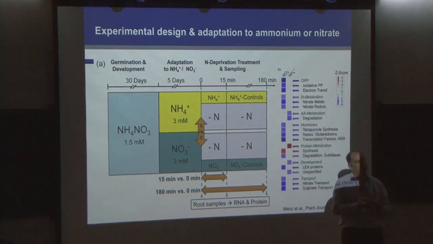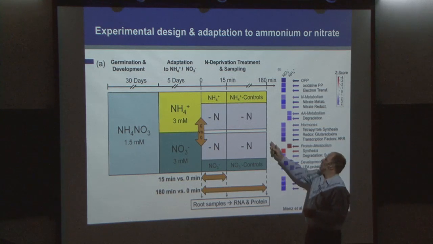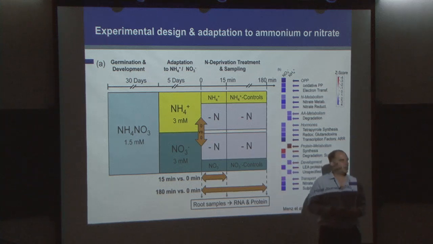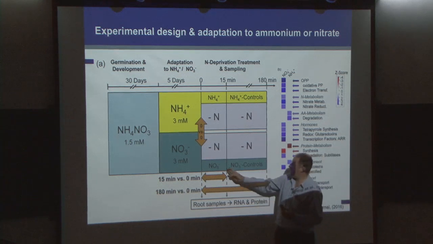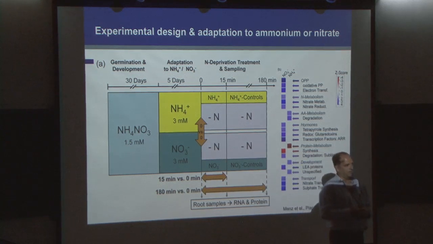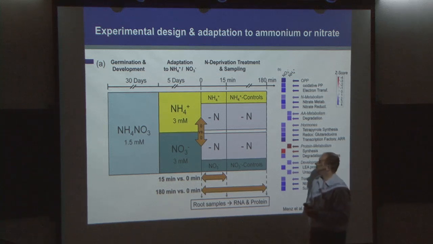There we can measure that it went a little bit down compared to the initial situation. At least at these 3 hours we expect really some transcriptional changes because nitrate was going down. But maybe we can have a look at what happens already after these 15 minutes.